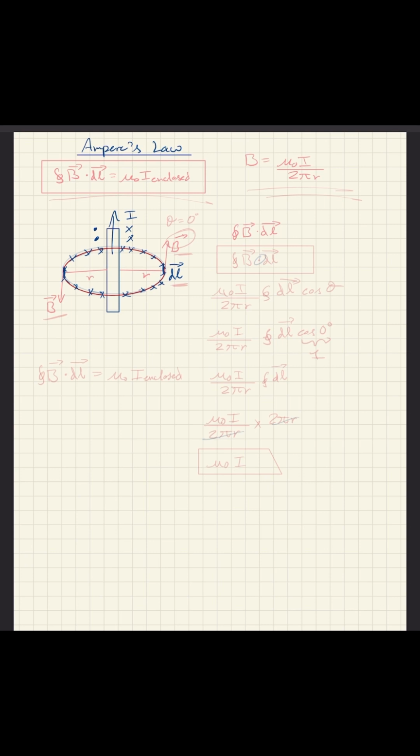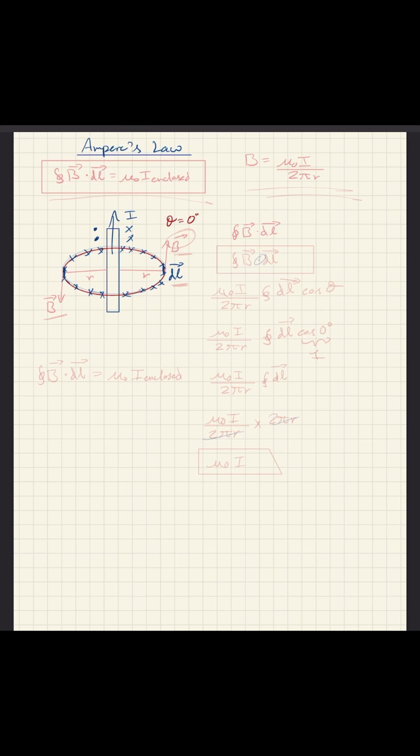So let's just start with something right now. When our magnetic field and our dl are going in the same direction, theta for that spot, which would be our angle theta, would equal 0. So when theta equals 0 degrees, when B, magnetic field, and our dl are in the same direction, our theta is 0.